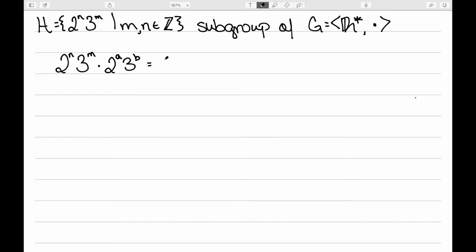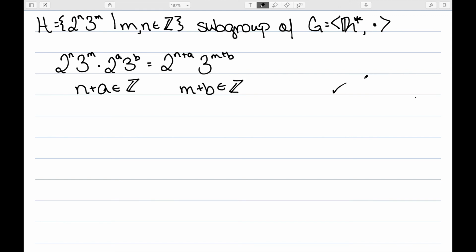Properties of exponents tell me this would be 2 to the n plus a, 3 to the m plus b. Well, n and a are both integers, so n plus a is an integer. m and b are both integers, so m plus b is an integer. So that tells me that this is accurate. We are closed under the group operation.